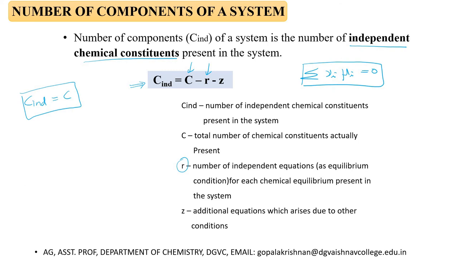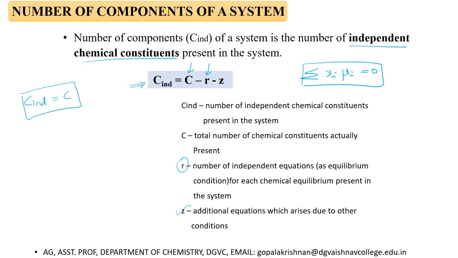If additional equations arise due to other conditions, those equations must also be subtracted. Why we subtract all these, I'll explain in the next lecture. In this lecture I am going to explain only how to identify the number of independent components of a system. Okay, keep this in mind.